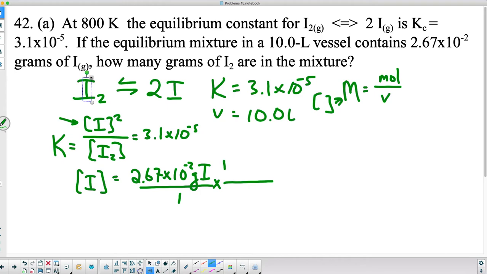So let's do that. 1 mole of I is equal to 126.9 grams. That is the atomic mass of iodine on any periodic table.